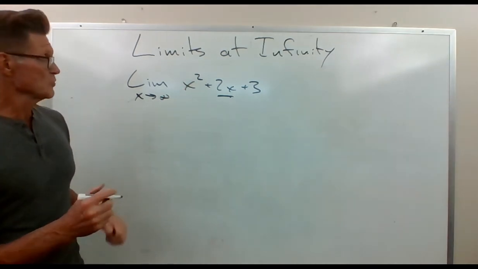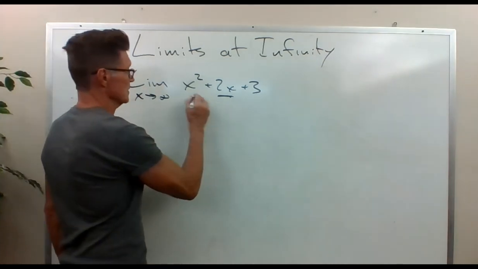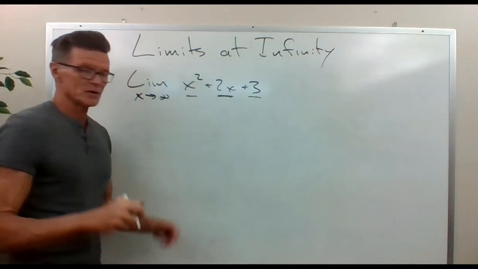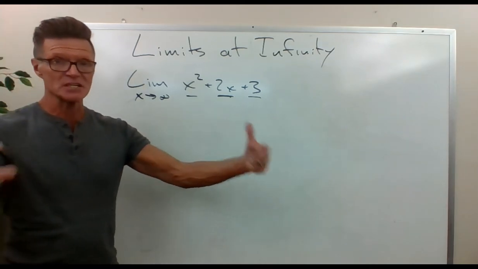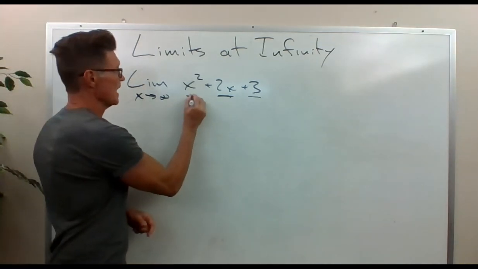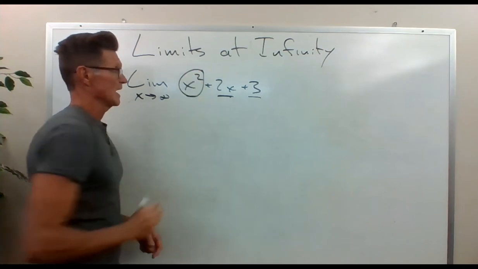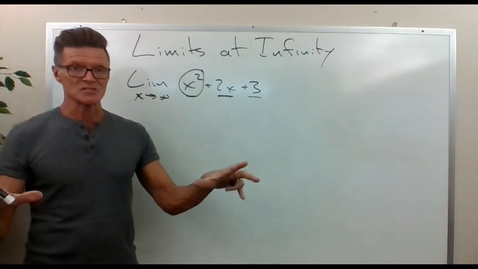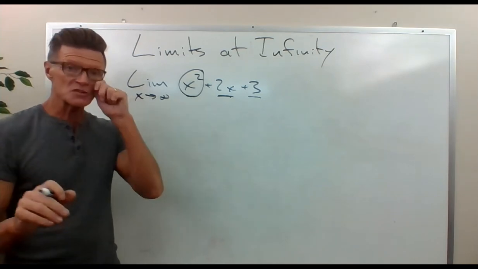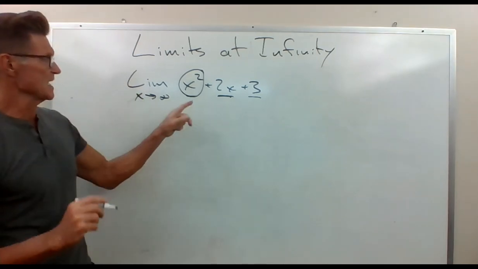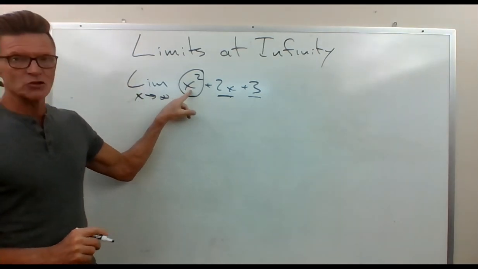Well, if you take a look at all 3 of these terms and what their influence is as x gets infinitely large, you'll notice that the highest power term always predominates, is always what I call the most powerful term. Because the larger and larger x is getting, this term is getting larger faster.